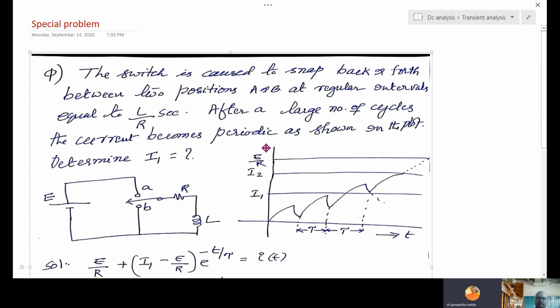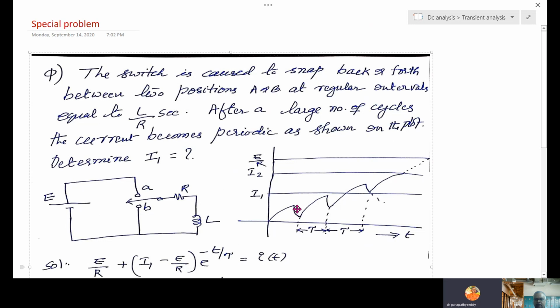After a large number of cycles, the current flowing becomes periodic, as shown in the plot. Determine I1. When it is connected to A, current increases exponentially; connected to B, it decreases exponentially, but it will not come to zero. It is connected to B only for a duration of L by R seconds, 1 tau only.